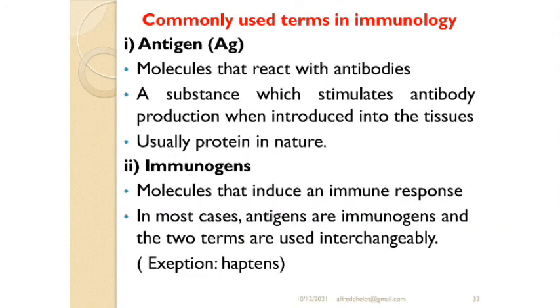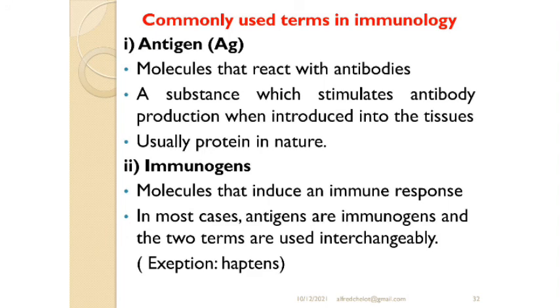Next we have to discuss commonly used terms in immunology, and one of the terms is antigen. Antigens are molecules that react with antibodies, and we can also define an antigen as a substance which stimulates antibody production when introduced into the tissues, and they're usually protein in nature.